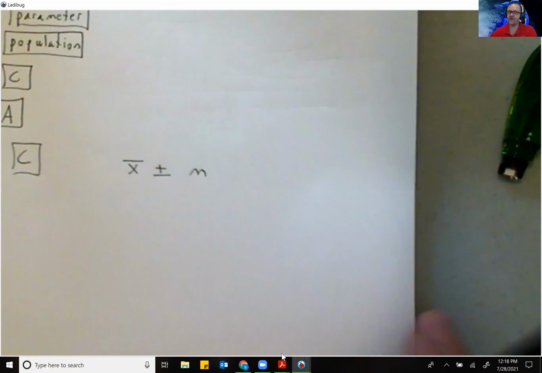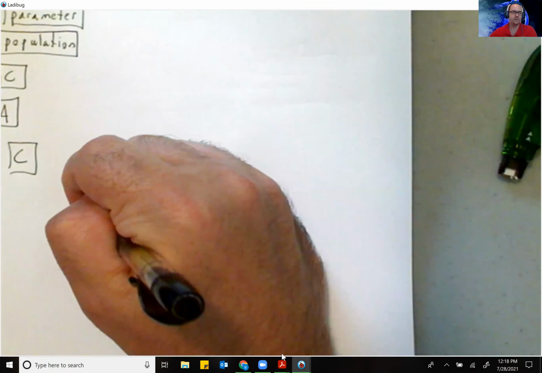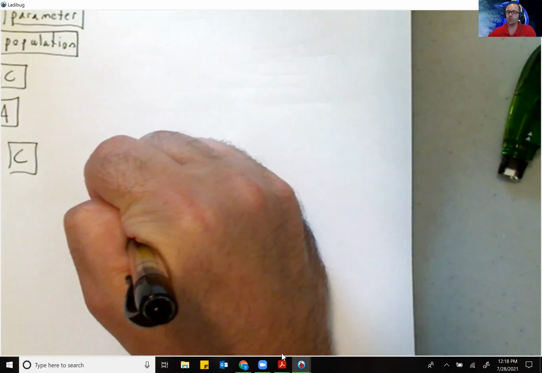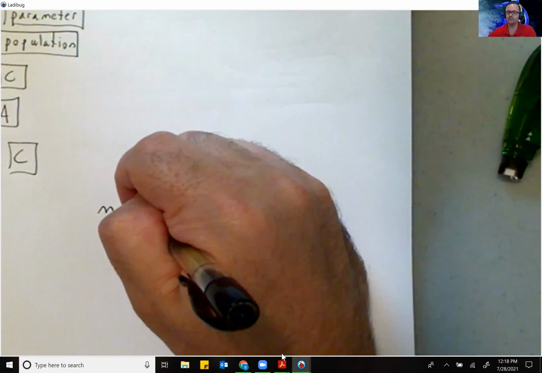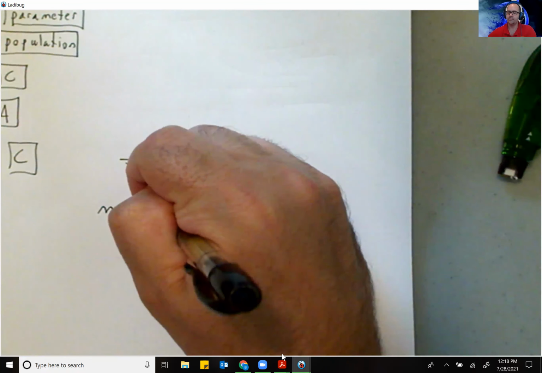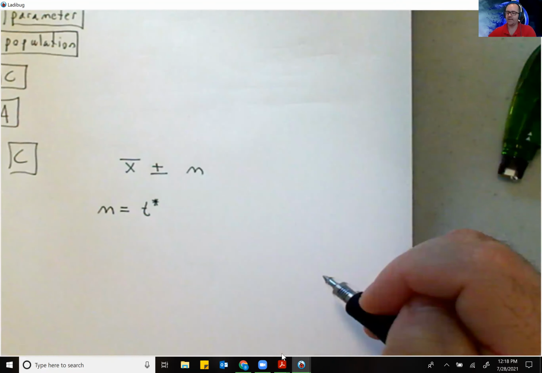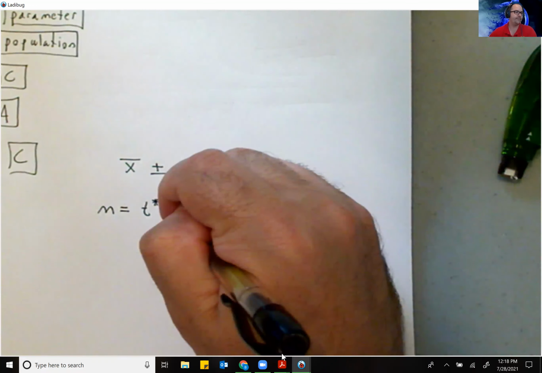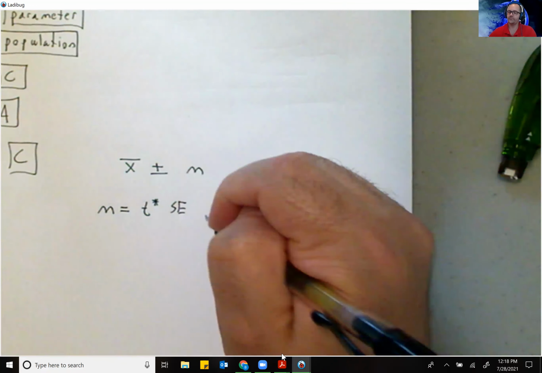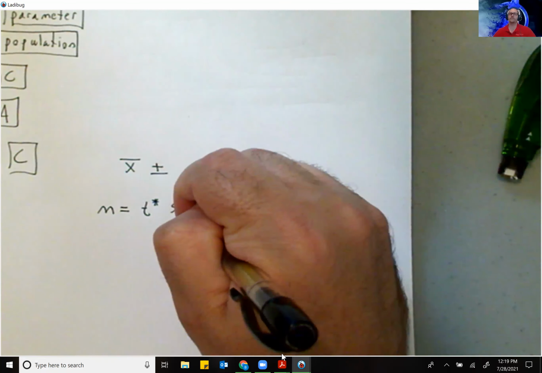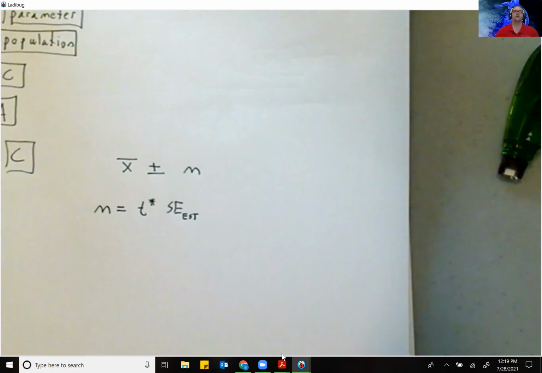And in order to find M, we're going to take T star times the standard error. Everyone okay for me so far?